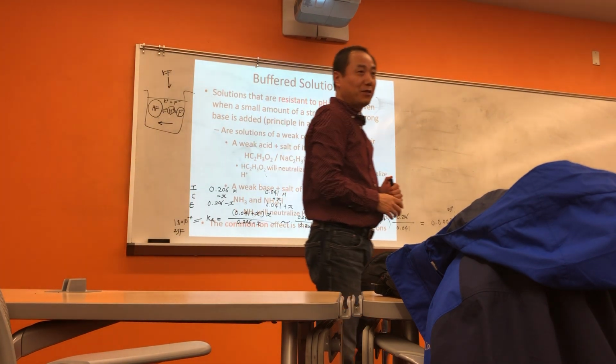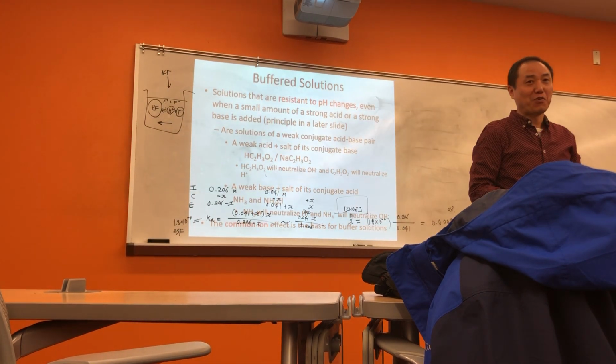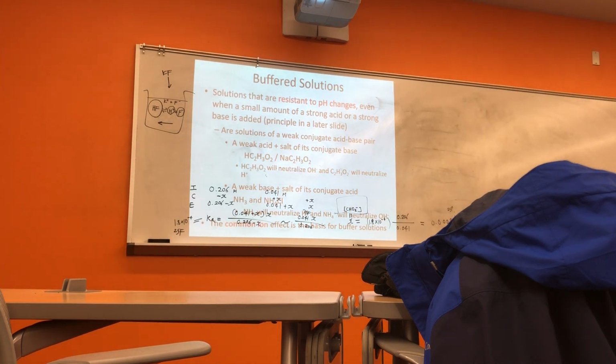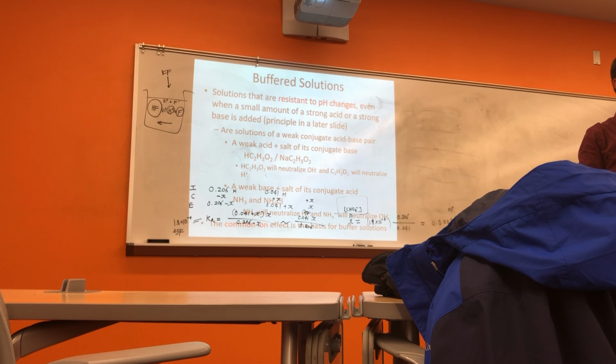What is a buffer? Buffer maintains the pH. Yes. A buffer is a solution that maintains pH relatively constant. If our body were not a buffer system and it had lots of water, then a little bit of acid or base would change our pH drastically.